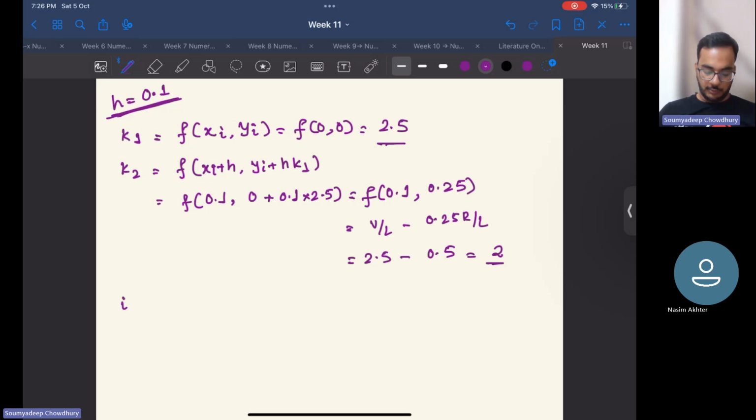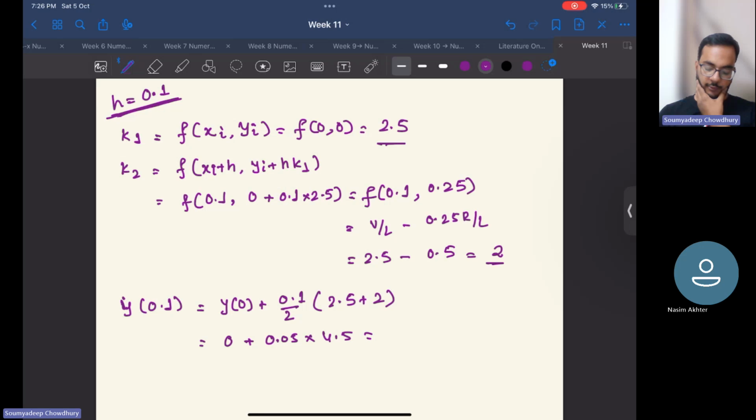So now we can find y of 0.1. y of 0 plus h by 2, so it is 0.1 by 2, that is 0.05 into the sum of K1 and K2, 4.5.